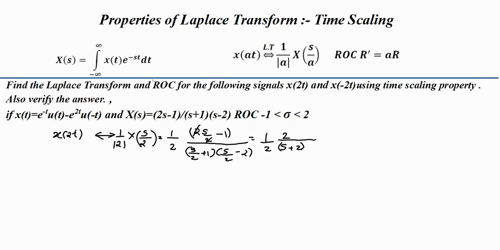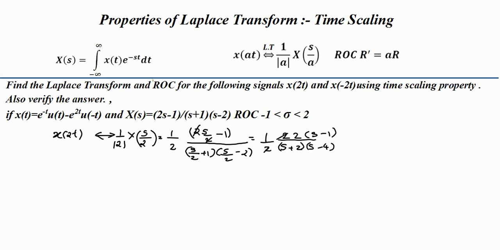Then the second term is s minus 4, and the denominator 2 becomes the numerator. Sorry, one more term, there is s minus 1 here. So finally you get 2 into s minus 1 by s plus 2 into s minus 4. This is about x of 2t.